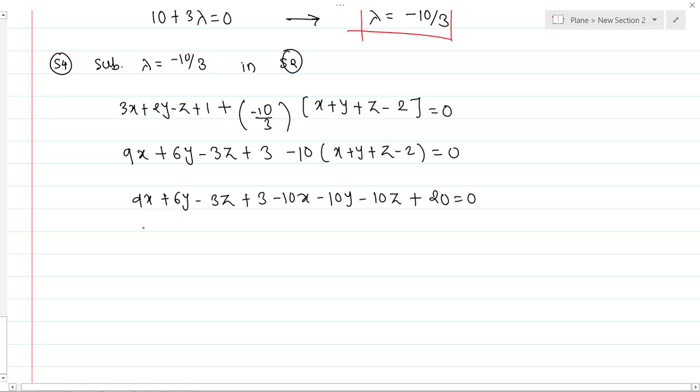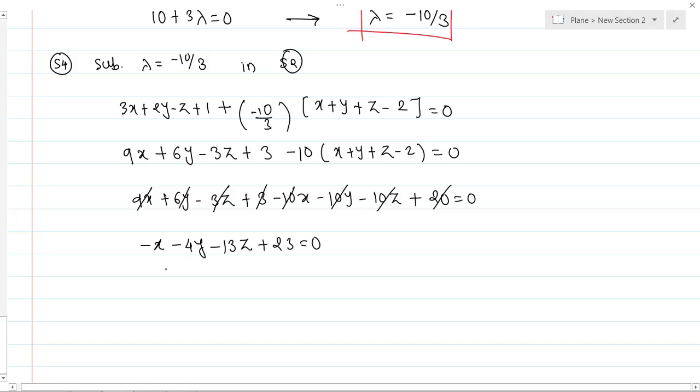Now let's simplify. 9x minus 10x gives minus x, 6y minus 10y gives minus 4y, minus 3z minus 10z becomes minus 13z, and 3 plus 20 is nothing but 23. This is equal to 0.